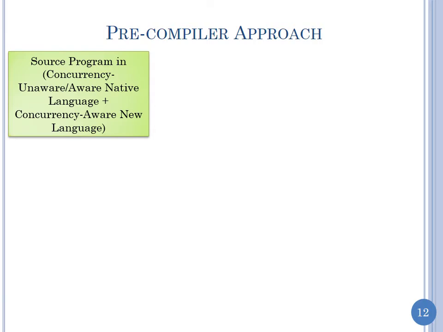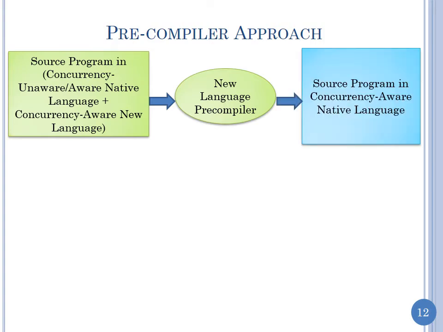So it can take a concurrency-aware new language like OMP, and we've got a new language precompiler that converts the program into some source program in a concurrency-aware native language.